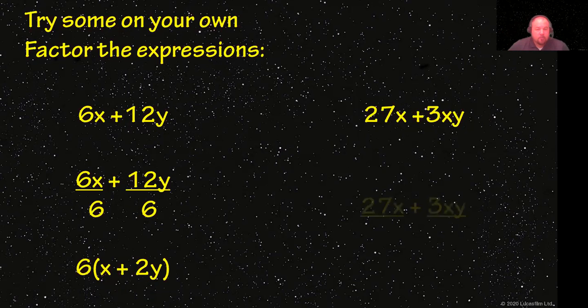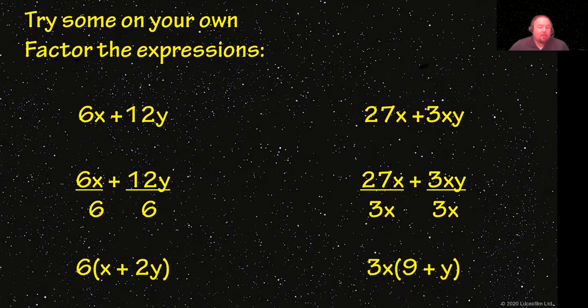So then I divide both of them by the 3x, and that helps me to reduce it down to 3x parenthesis 9, because 3x goes into 27x 9 times, and then 3x goes into 3xy. You cancel those out, and you're left with just the y. So 3x times 9 plus y. That would be your answer for that one.